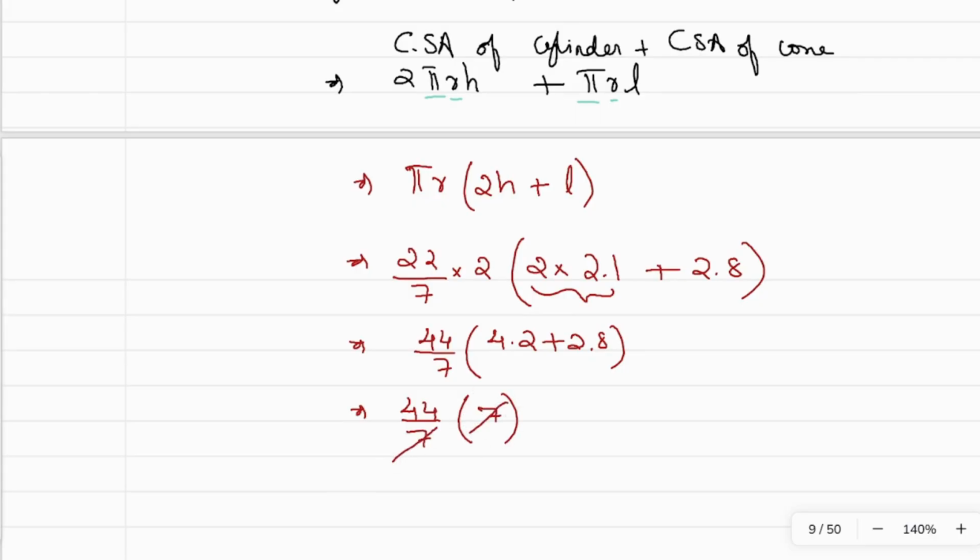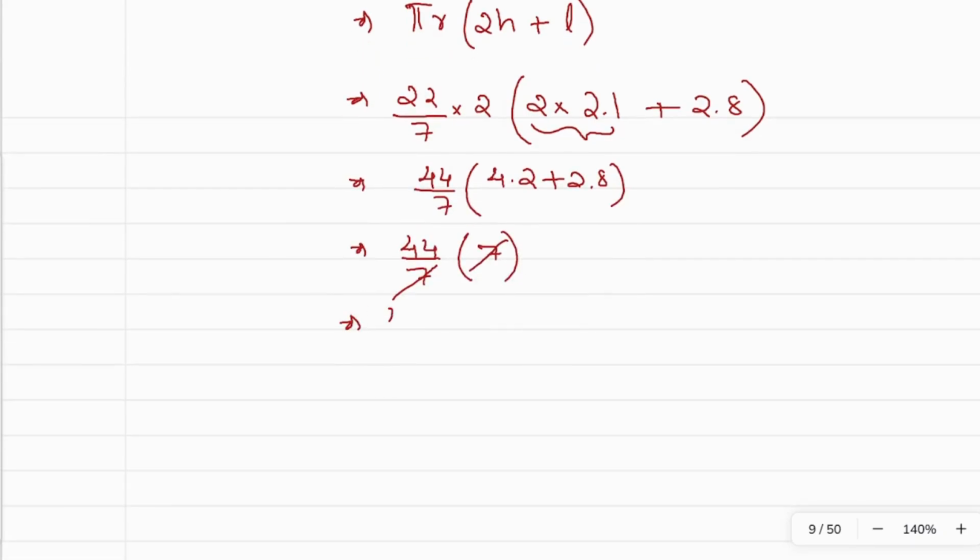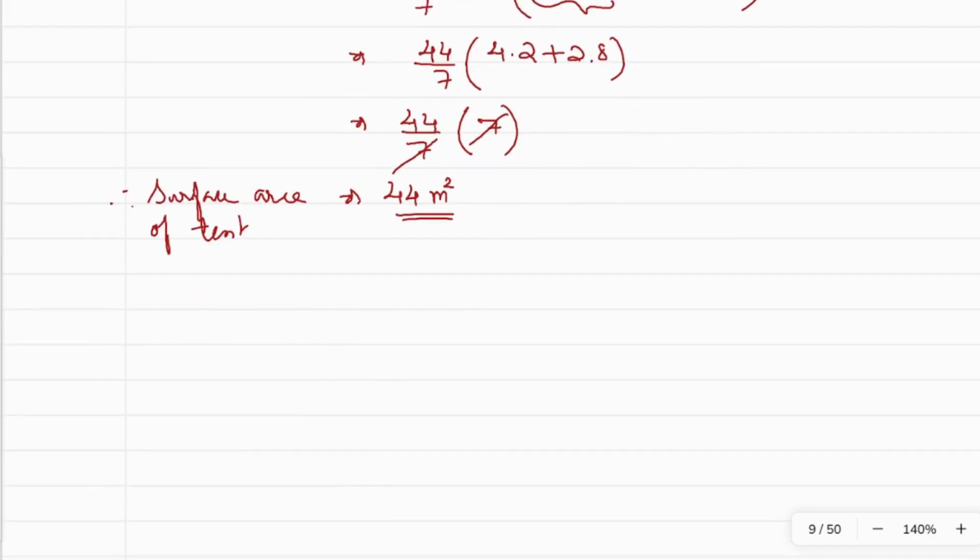This 7 and this 7 get cancelled. So we will get the value 44 meter square. Therefore, the total surface area of the tent is 44 meter square. That means 44 meter square of canvas is required.